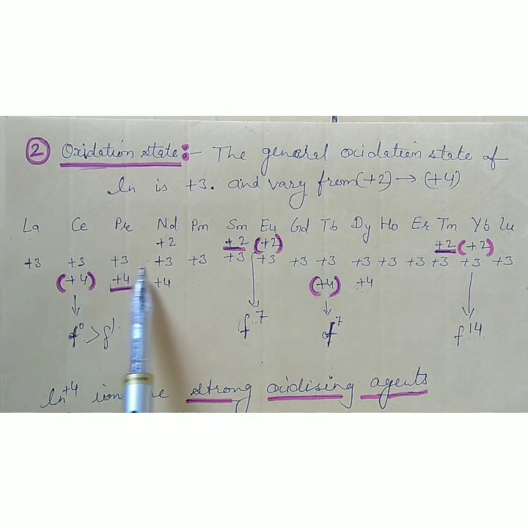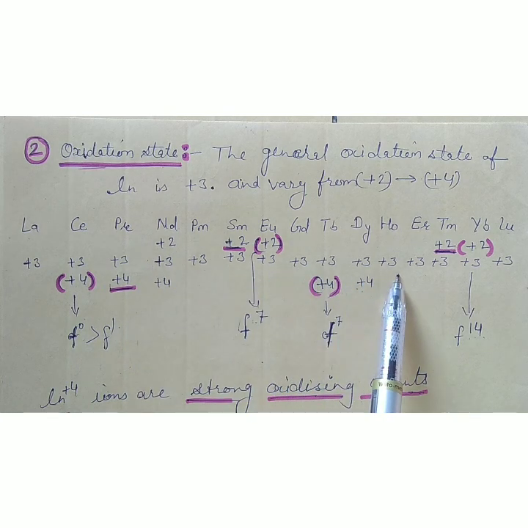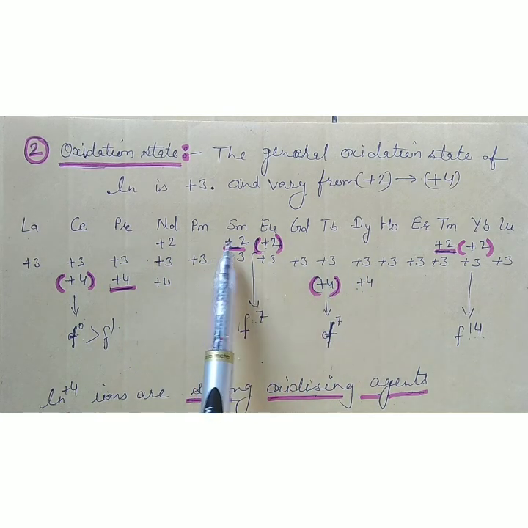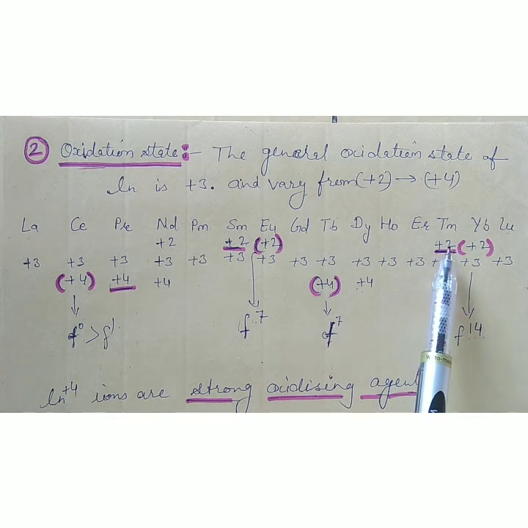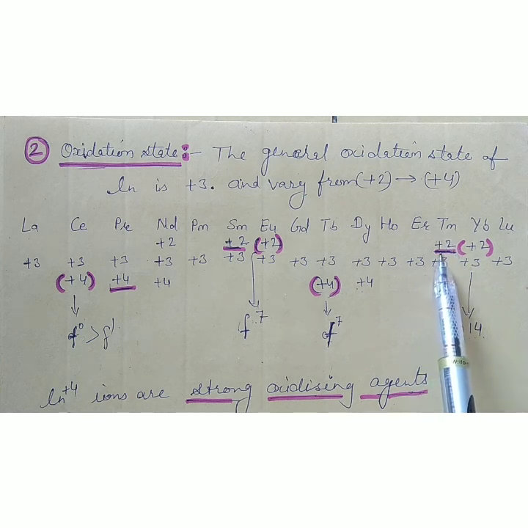Okay, the most common oxidation state is +3. If a substance is in the +2 oxidation state, it can be oxidized into +3, so it will behave as a reducing agent.